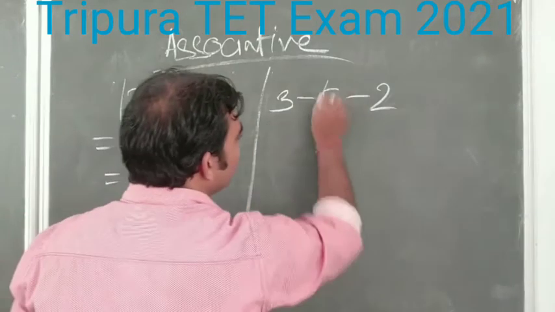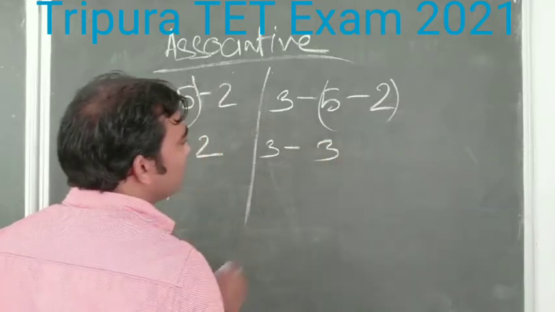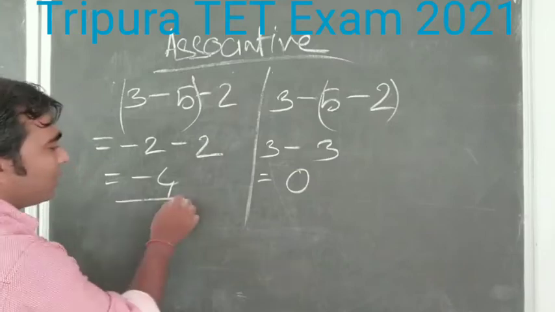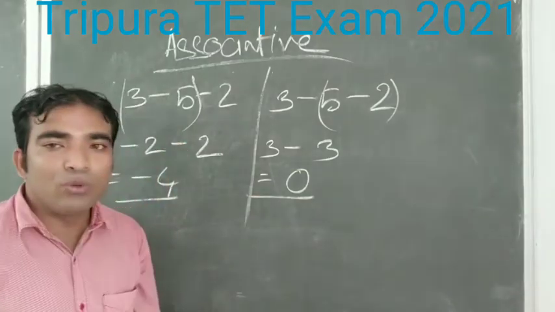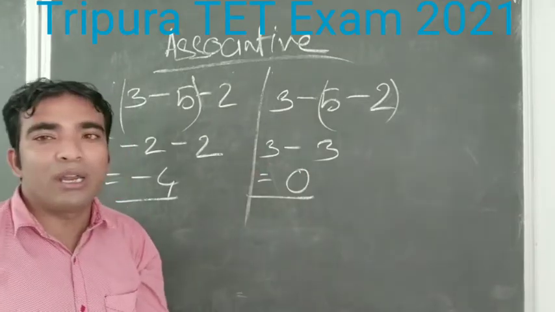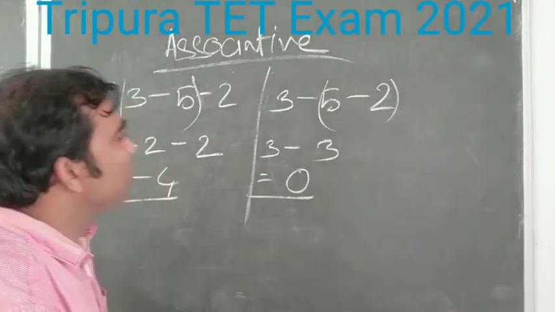Now the other way, 5 minus 2, that is 3, so 3 minus 3 equals 0. Look, the results are not the same. So we say that subtraction is not closed under the associative property.